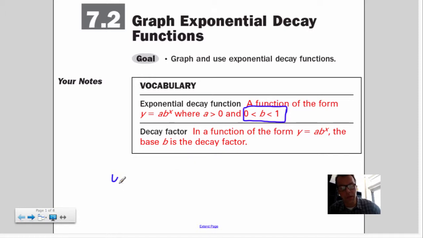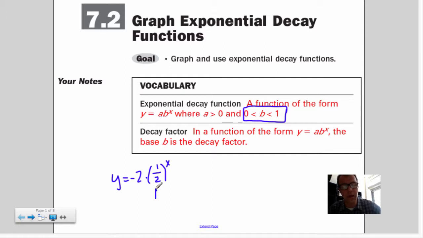Here I'll make up an example. y is equal to 2 times 1/2 raised to the power x. That is exponential decay. The 1/2 is the b. Realize that this number doesn't make any difference. It could be 2. We could put a negative here. That's not what we determine decay with.